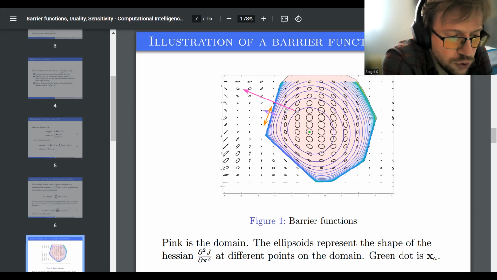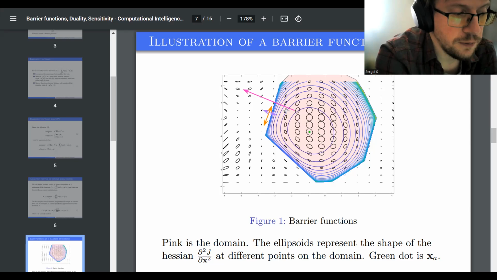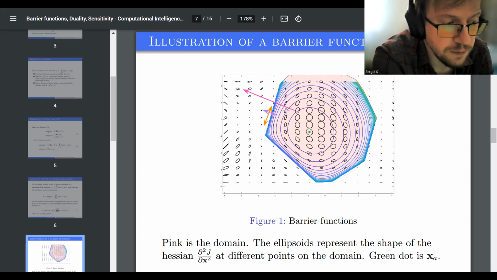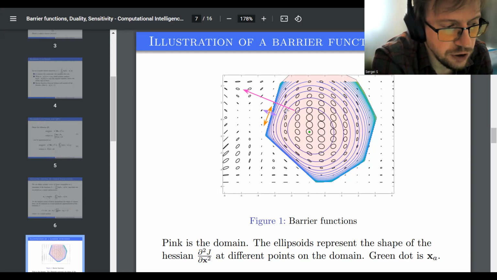Do you want to use it for your analysis? I mean, up to you. But if, for example, you want to analyze the shape of your barrier function and see how it behaves, this represents an easy tool. All you do is study a second order approximation of your barrier function, and you would see how it behaves at each particular point.